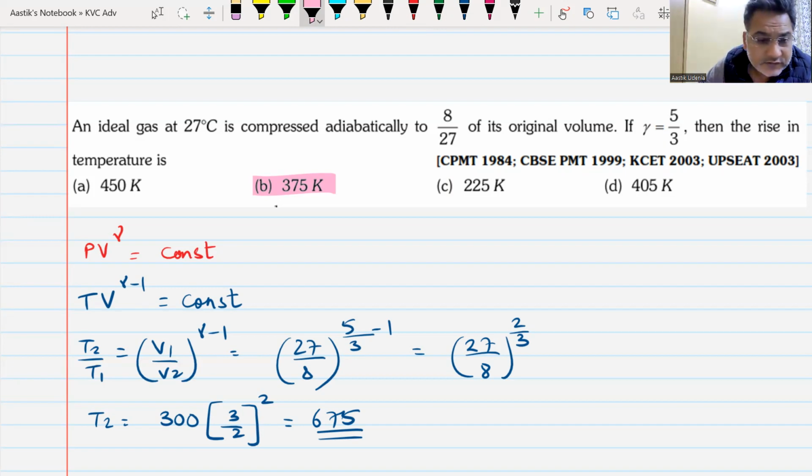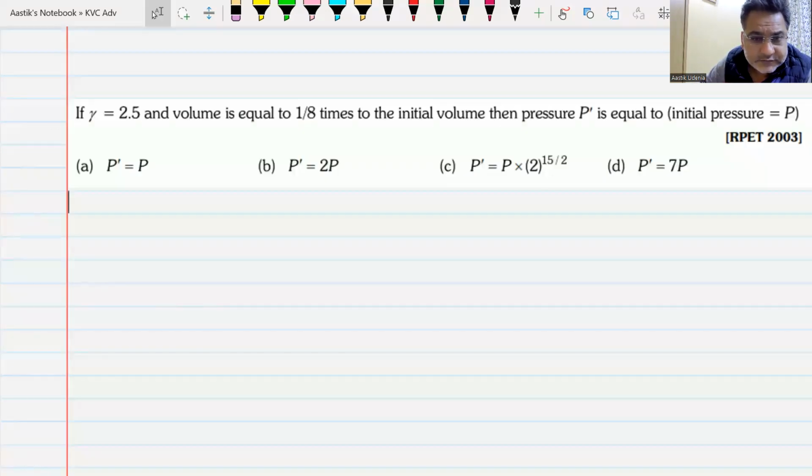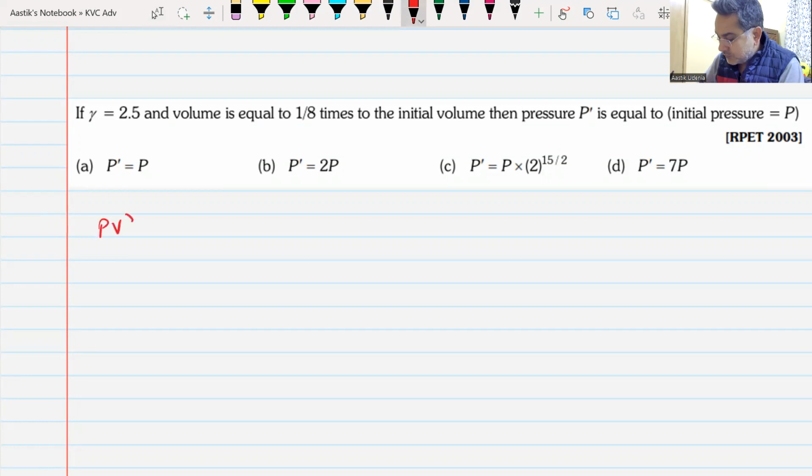Shall we move on to the next one? Yes, sir. This is the next one. Gamma is given as 2.5. Volume is 1 by 8 times of the initial volume. What is the new pressure? Yes, how did you do it? P into V power gamma equals constant.